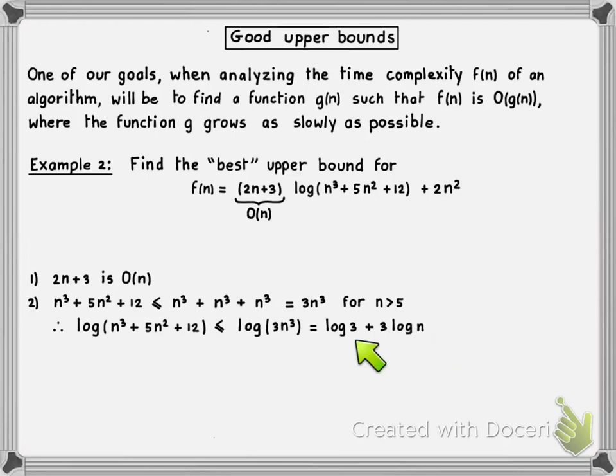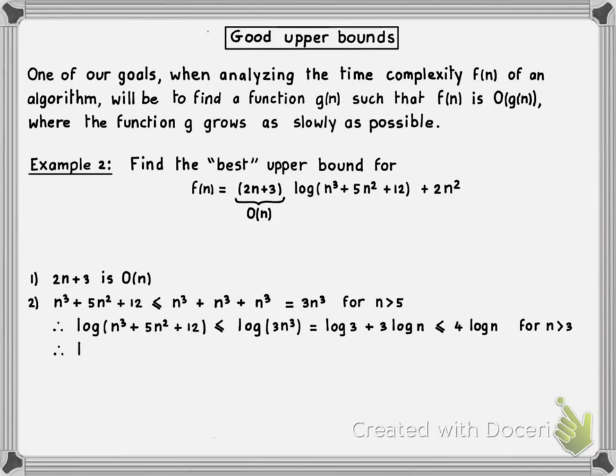If n is greater than 3, then log n is greater than log 3, and therefore this term is less than or equal to 4 times log n, as long as n is greater than 3, say. So in conclusion, the term that we're interested in here was found to be upper bounded by 4 times log n, as long as n is large enough.